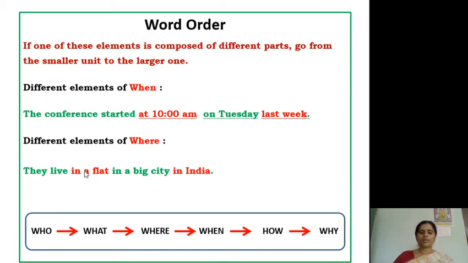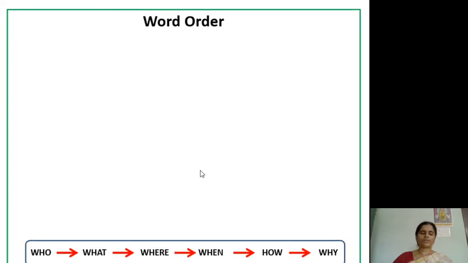That means flat is the smaller unit of a place, city is a smaller unit than a country, and the larger unit is country. So from a smaller unit to the larger unit, we have to organize them in a sentence.